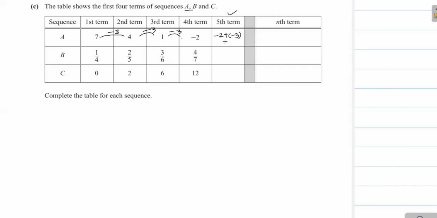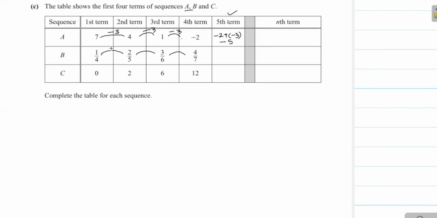Therefore, we can find -2 plus -3. This value becomes -5. Next, in sequence B, we take the difference between each sequence value. Firstly, we take the difference between the numerators, and then the difference between the denominators.